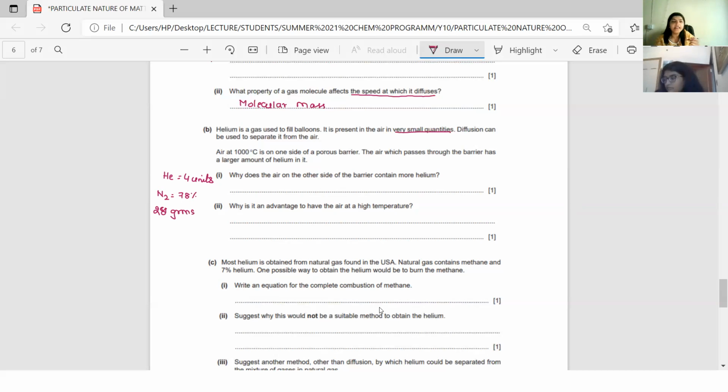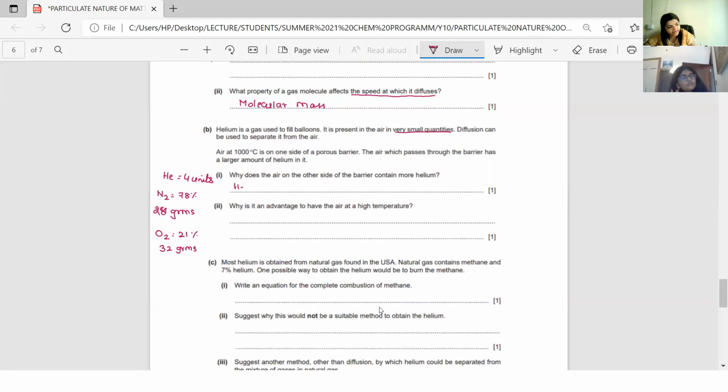The next gas, oxygen, is 21%, which is 32 grams. So can I say that helium, which is 4 grams, is very, very light? That's the reason helium is the lightest particle, which will diffuse at a faster rate.